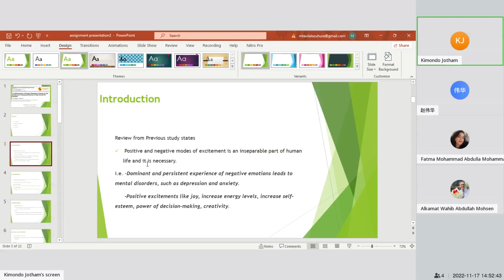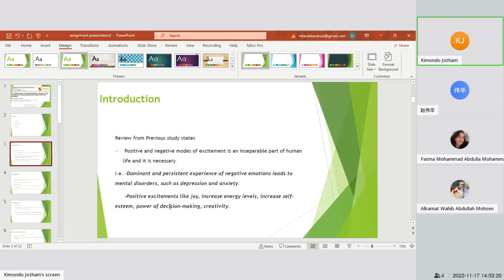When one of these modes dominates or persists, there are changes in the cognitive functions of the brain. Especially when a person is dominated by the negative mode, there is a possibility of mental disorders such as depression and anxiety.